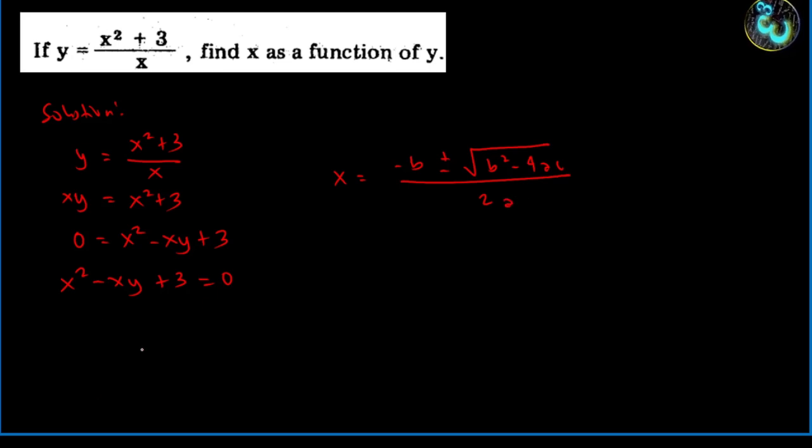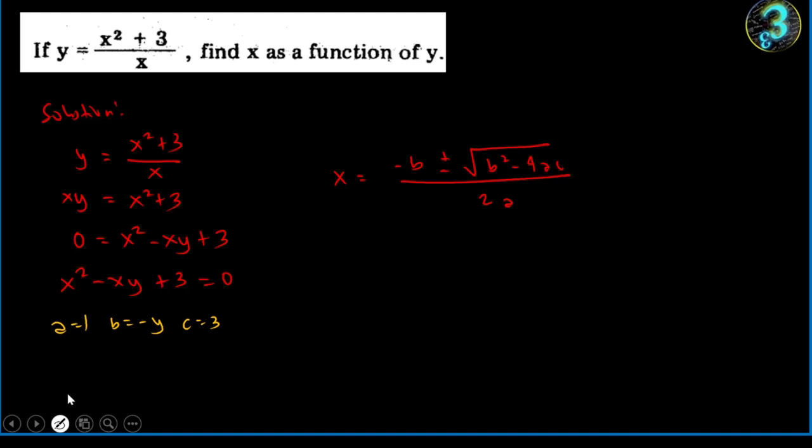For the given, our a will be the coefficient of x squared. So a here is equal to 1. For b, the coefficient of x, b here is equal to negative y, and c is equal to 3. So we just substitute those.